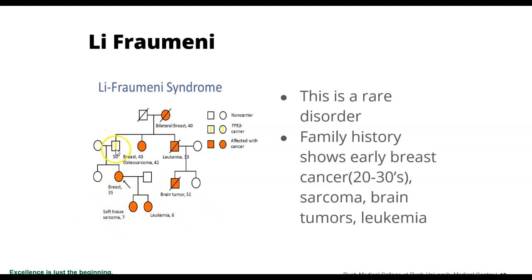Her dad is alive, which is shocking, but he has a sister with breast cancer and osteosarcoma, another brother that died of leukemia, and mom died of bilateral breast cancer at 40. So he carries it, and he just got really super lucky, but we see a huge amount of cancer in the family, and at all different ages.